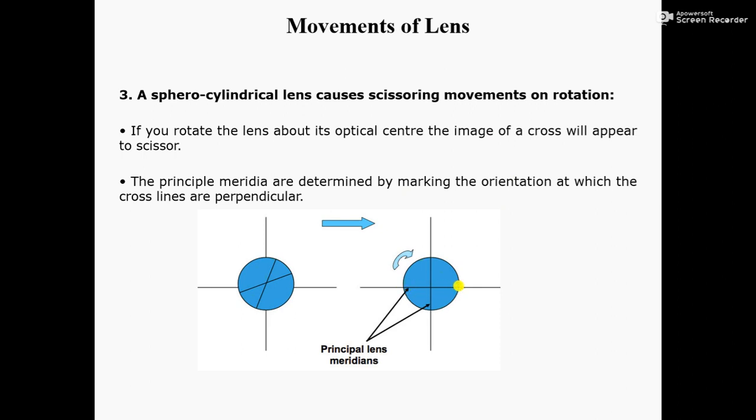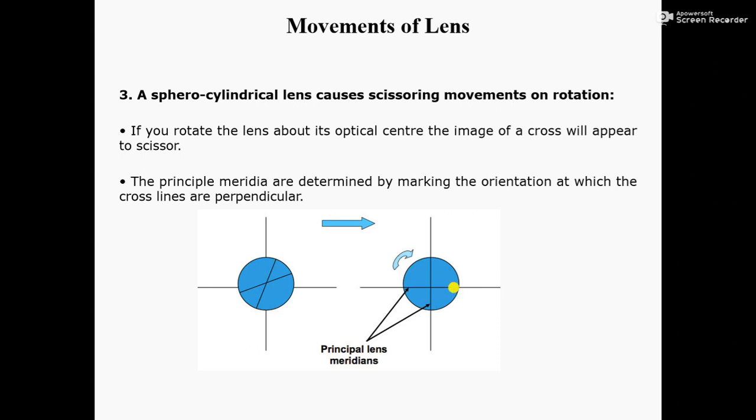Here we can see the scissor movements in those patients who have cylinder power, that is astigmatism, because in this lens both meridians have different power.